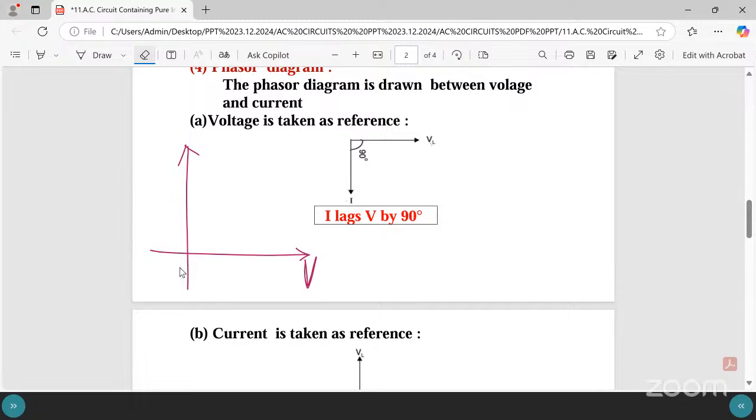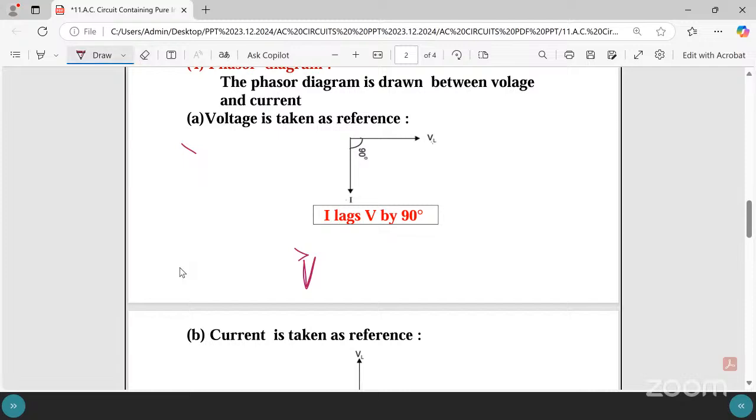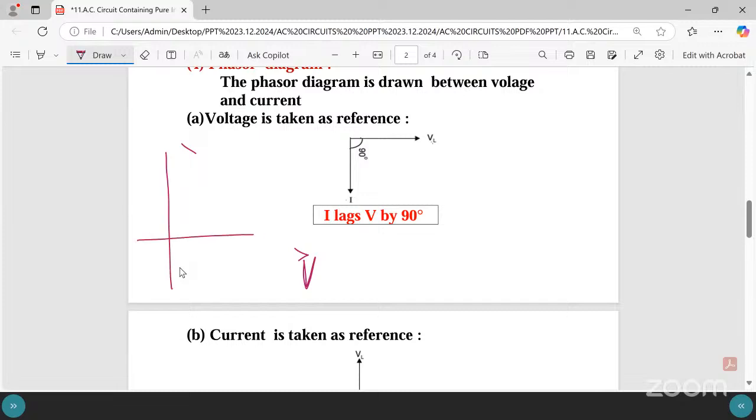So current should rotate in the anti-clockwise direction: minus 10 degrees, minus 20 degrees. Like this, current will rotate. So this is the diagram. Remember this diagram. Go for the next topic.